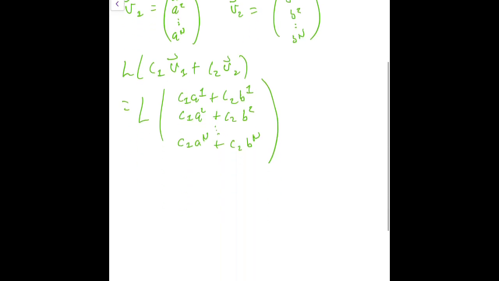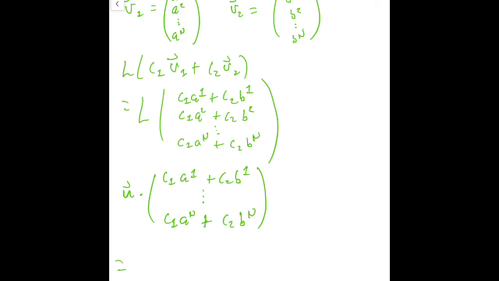Well, this is just what L does. It just does the dot product of that vector with U. So this is equal to U dotted with C1 A1 plus C2 B1, and I'll skip the second row, down to C1 An plus C2 Bn.